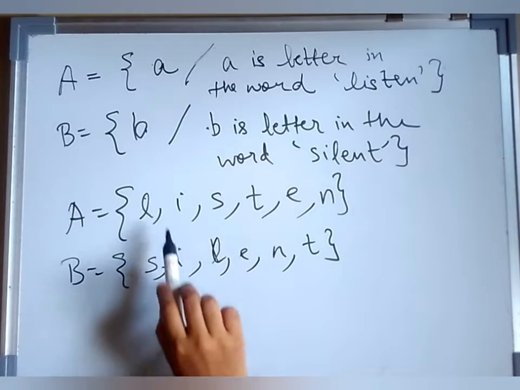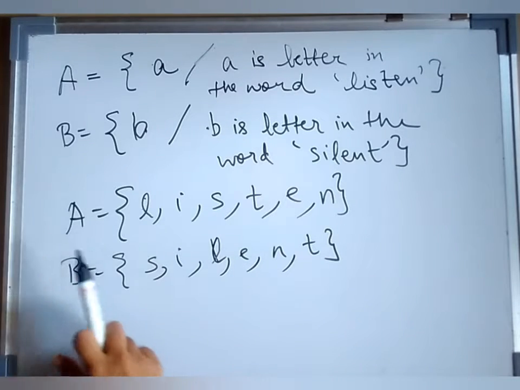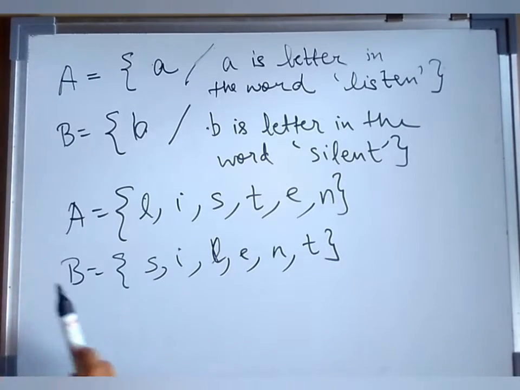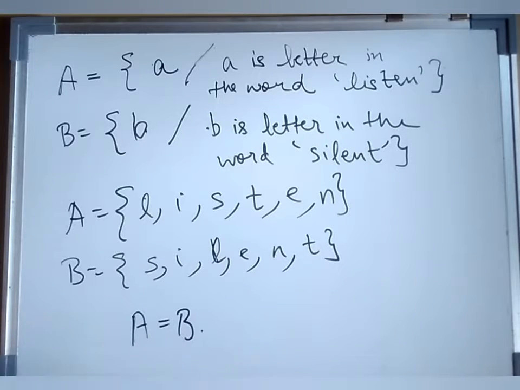Similarly, S, I, L, E, N and T. So every element in A is also in B and every element in B is in A. So here also A is equal to B. That means A and B are equal sets.